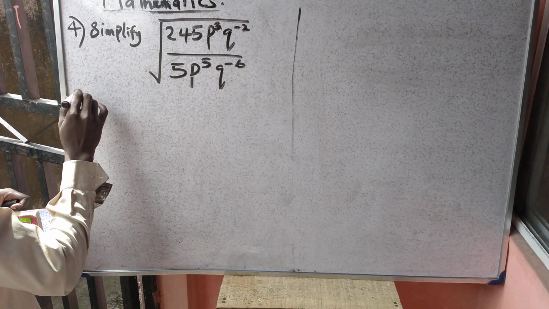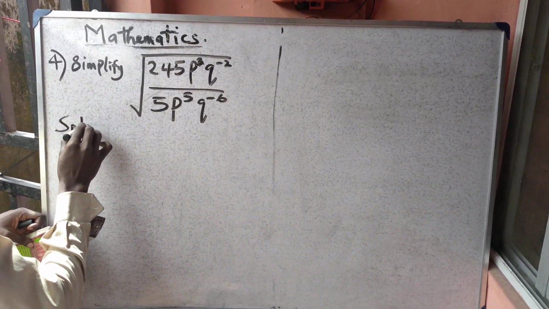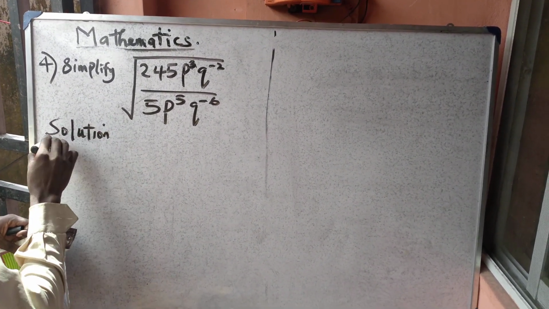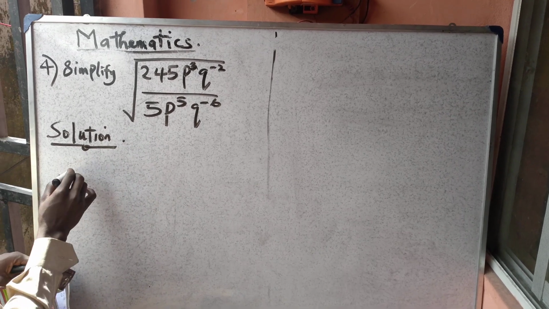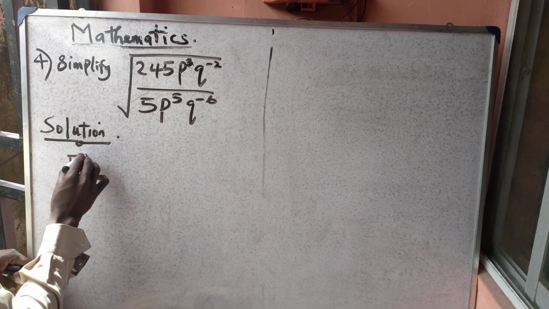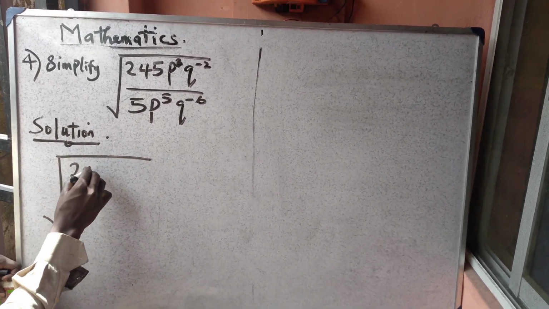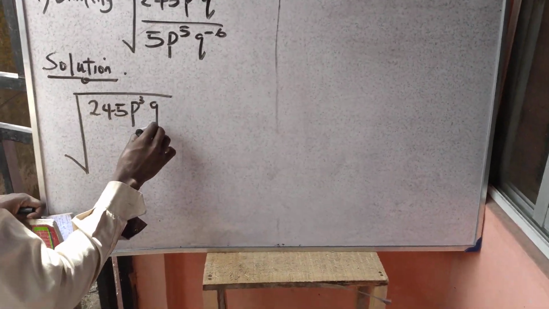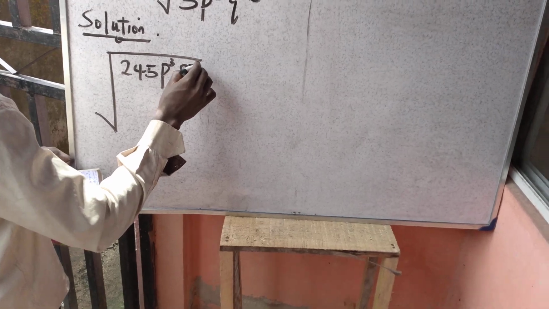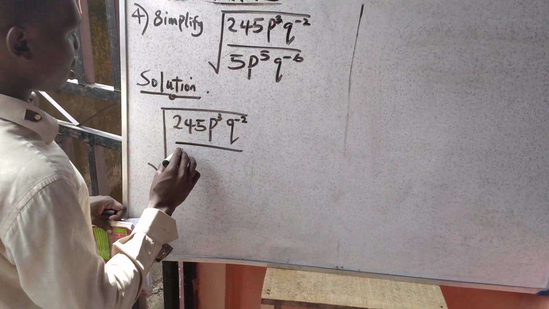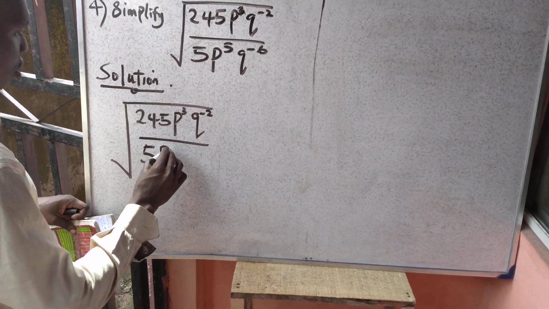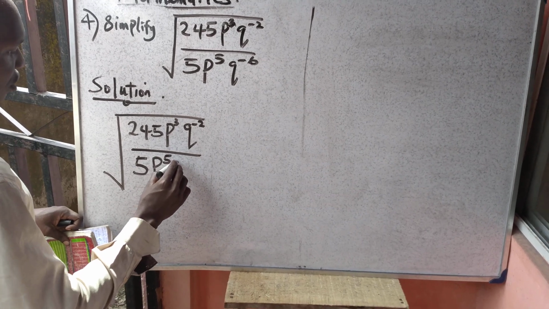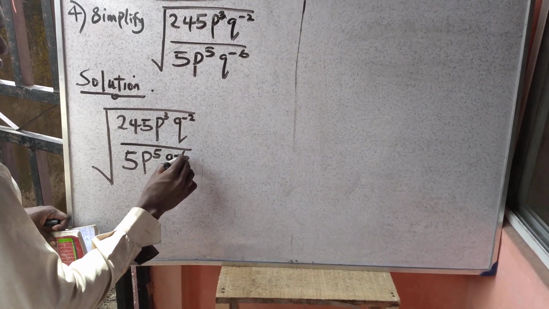Alright, how do you solve the solution? You have the square root of 245 p raised to power 3 q raised to power minus 2 over 5 p raised to power 5 q raised to power minus 6.